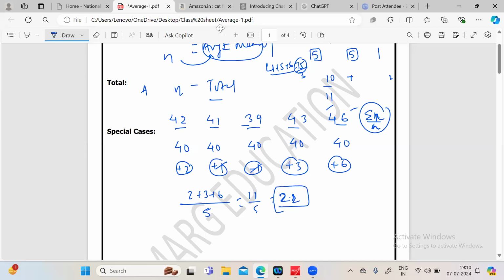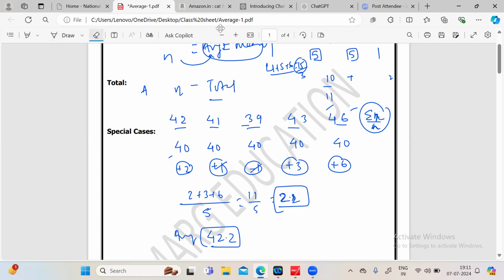So we'll add this 2.2 to all the values, 2.2 to this 40. So the average will be 42.2. So what you can see here is the idea is to equate everyone in whatever way you can do.